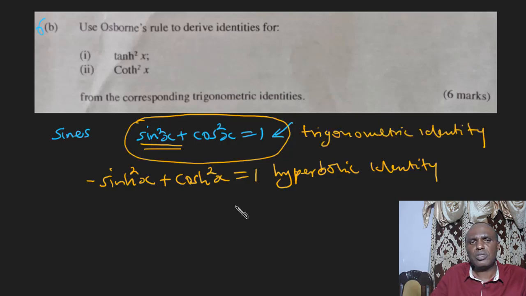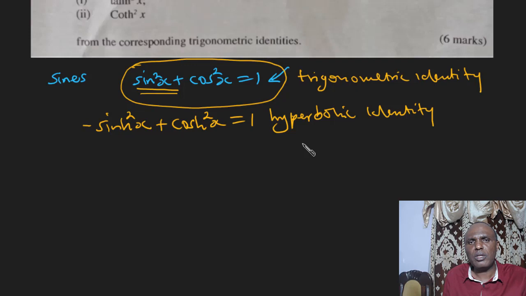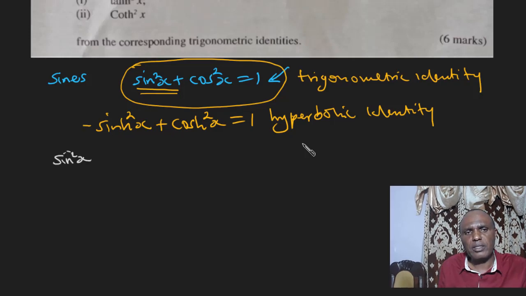According to this question, use Osborne's rule to derive the identity for tanh squared x. Most of the trigonometric identities, we derive them from sin squared x plus cos squared x is equal to 1.